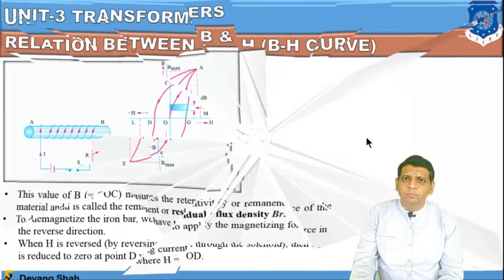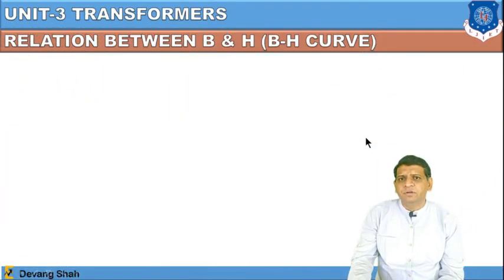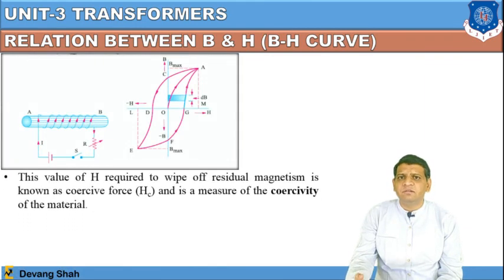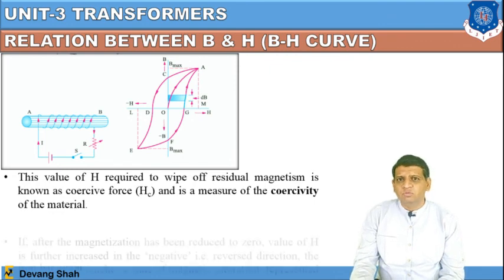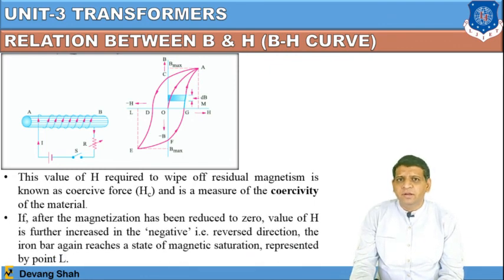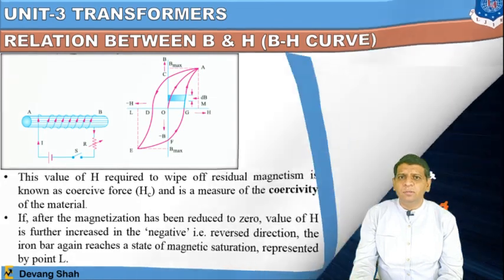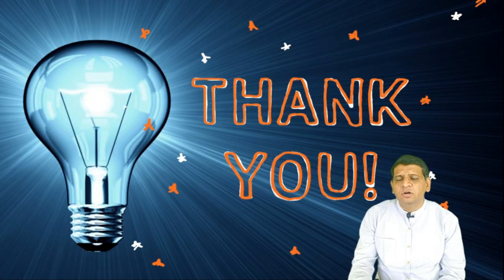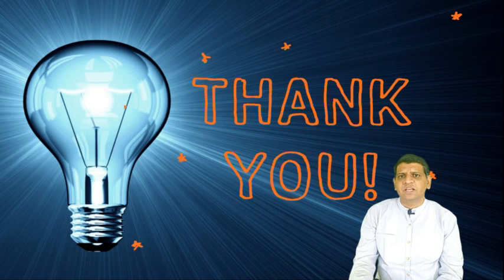As well, to make this residual flux 0, we have to apply extra force in a reverse direction, and that reverse direction extra force we define as a coercive force, or in common terminology it is defined as coercivity, right? So this is all about the BH curve and related terms. Now these are the important terminologies of a magnet, and we'll be using them to construct the transformer, right?